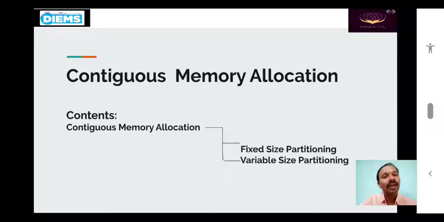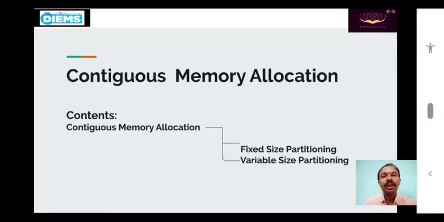We have data, we want to store it in memory locations, and the operating system plays a key role while storing the data. So with these different methods we will be storing the data. In contiguous memory allocation, there are two different methods, but the common thing is that the data will be stored sequentially.